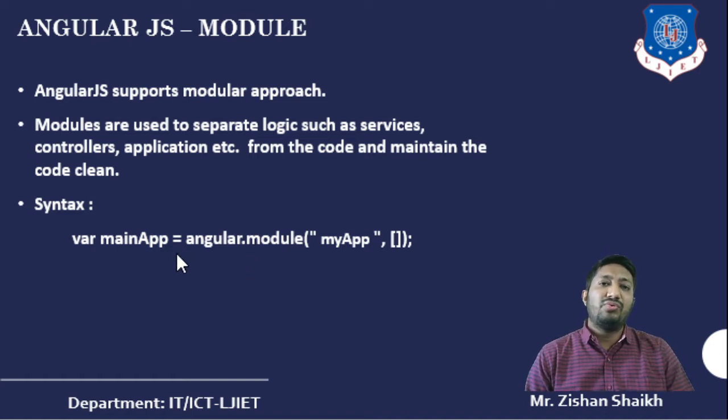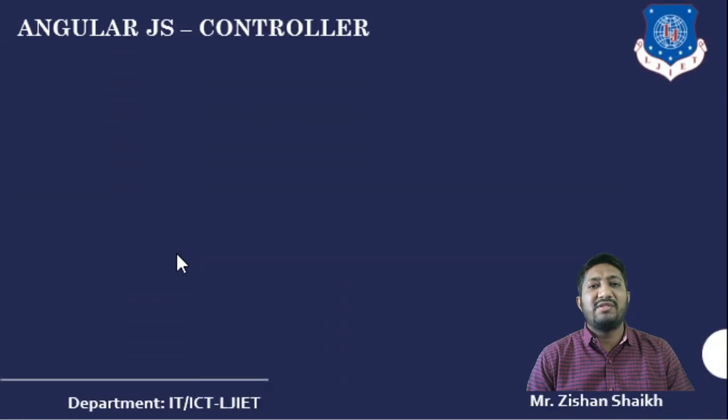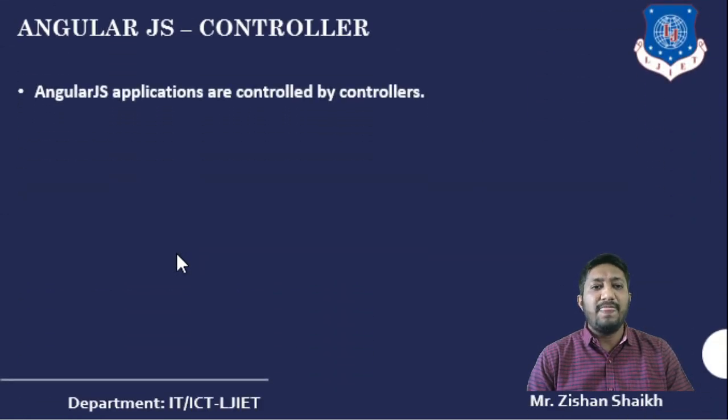Now, if I create a module, what is the next step to include those values in my application? For example, in my application I have two fields, first and last name. Throughout the application, if I want to control those values and include them in my HTML page, how can we perform that? For that, we can use the concept of a controller.